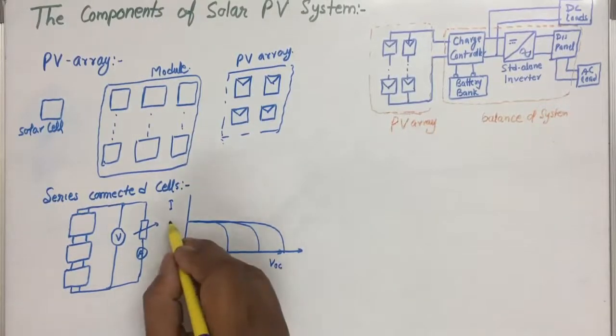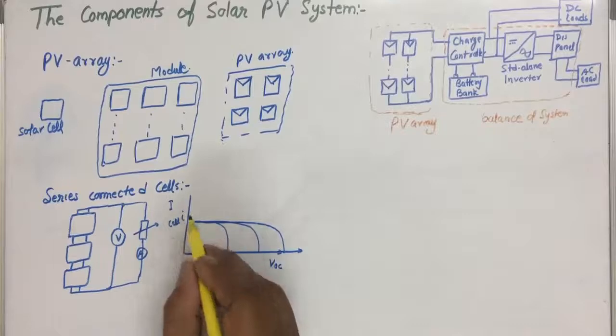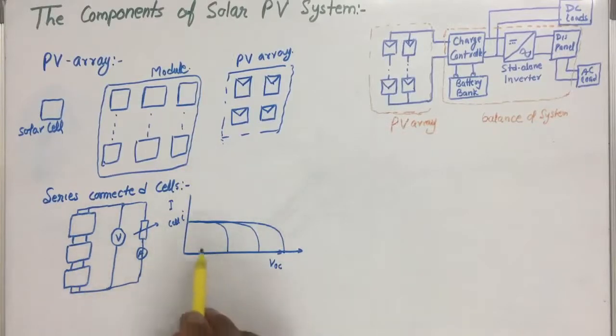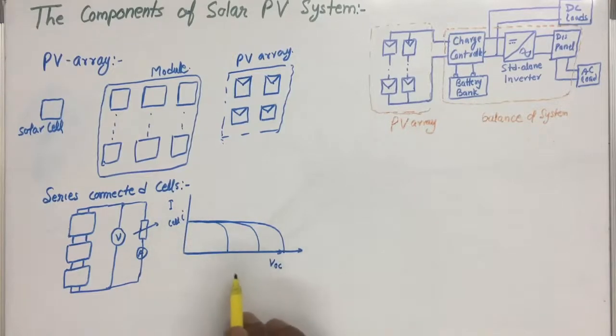So if the cells are connected in series, the characteristic changes like this. It means the current remains same, the open circuit voltage adds up according to the number of solar cells connected. This is the steady state condition.